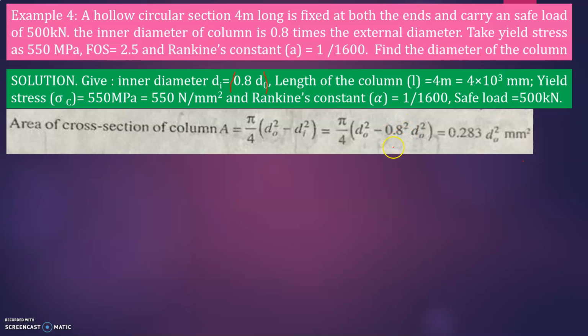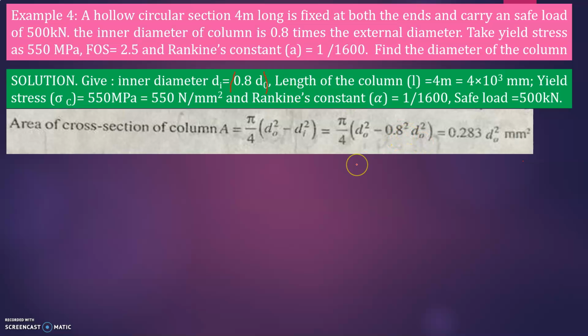Di square becomes 0.8 square d naught square, or 0.8 d naught whole square. Both are the same unknown, only one unknown, d naught. You simplify this and you get 0.283 d naught square. Just remember you have to square both 0.8 and d naught, or 0.8 d naught whole square. That is the meaning.